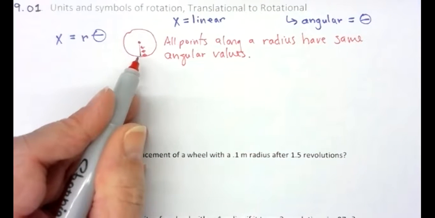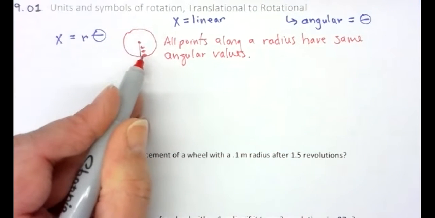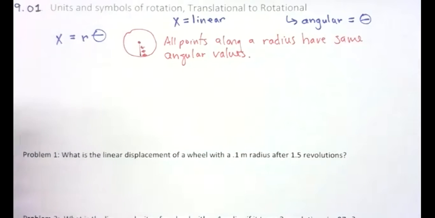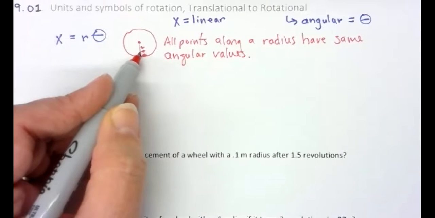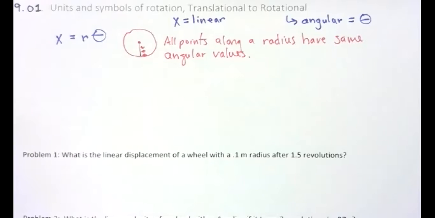Why? Because they carve out the same number of degrees. And what we're going to see in a second is we really want to talk about radians. But the linear distance they travel depends on the radius.